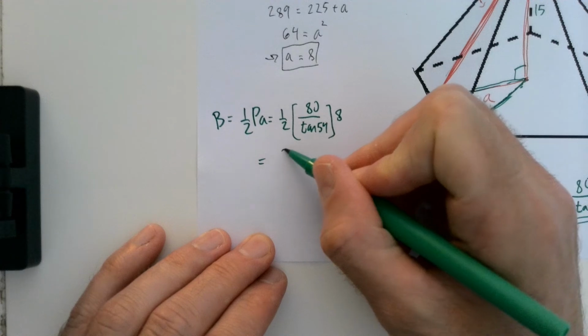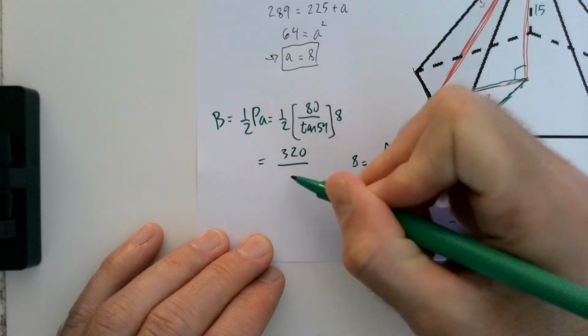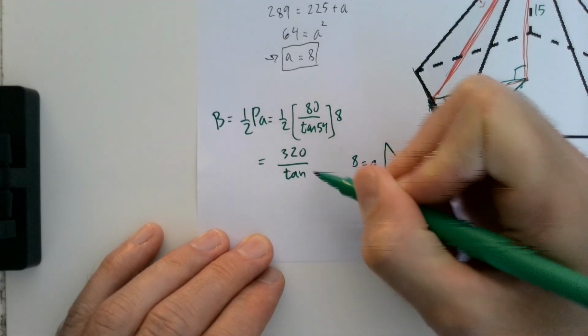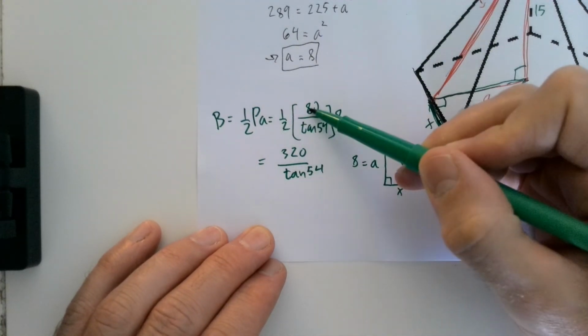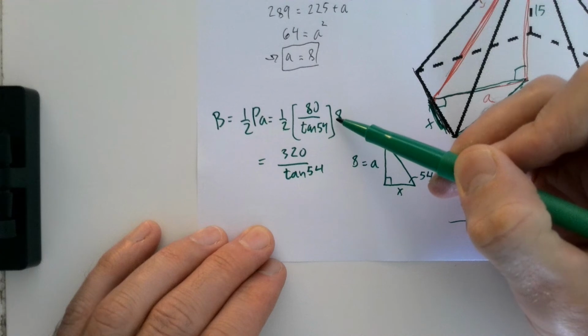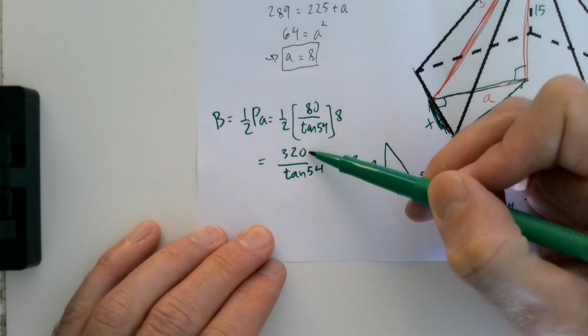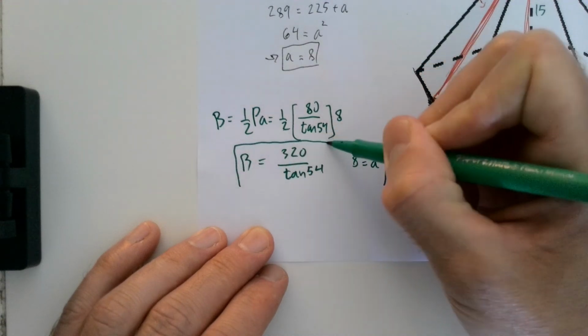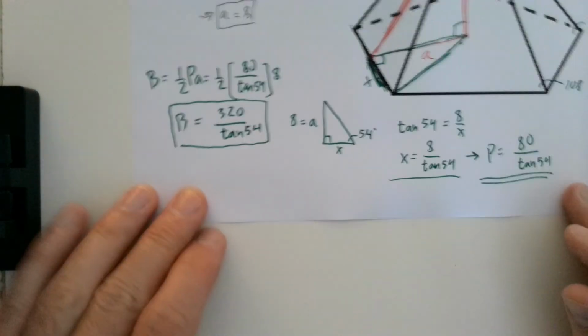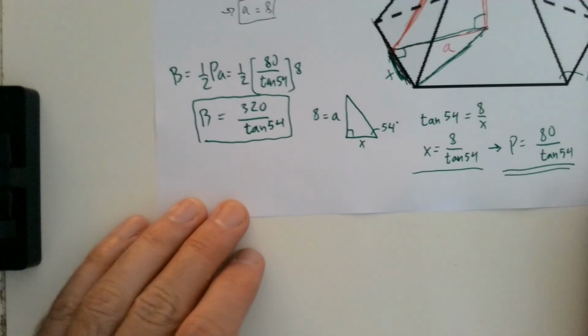That should be 320 divided by tangent of 54. Because I took half of 80, which is 40, times 8 is 320. So there's my area of my base.